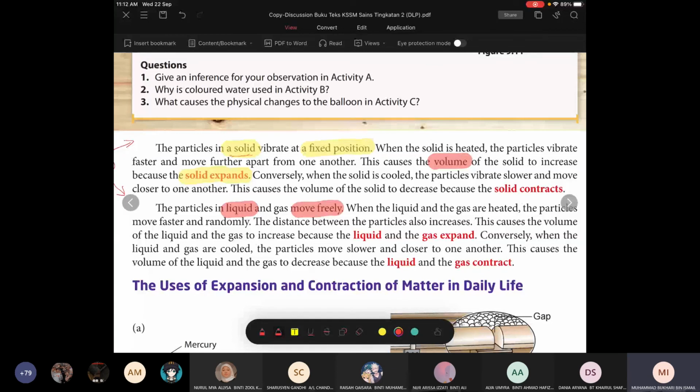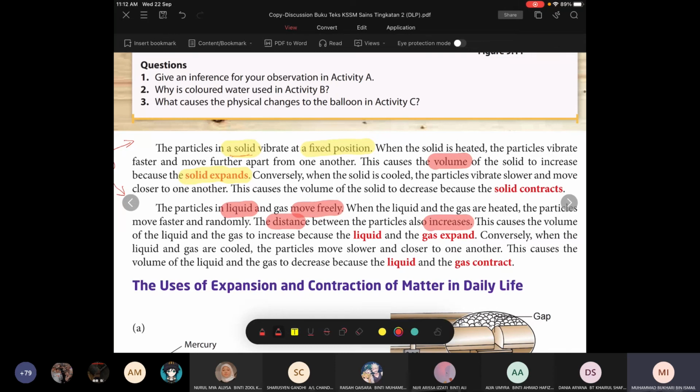The distance between the particles also increases. Remember, the distance increases. It is not that the particles increase in volume. The size of the particles remains the same. This causes the volume of the liquid and the gas to increase because the liquid and the gas expand.